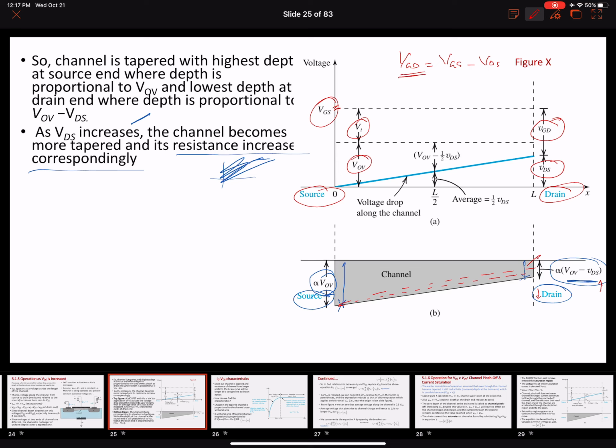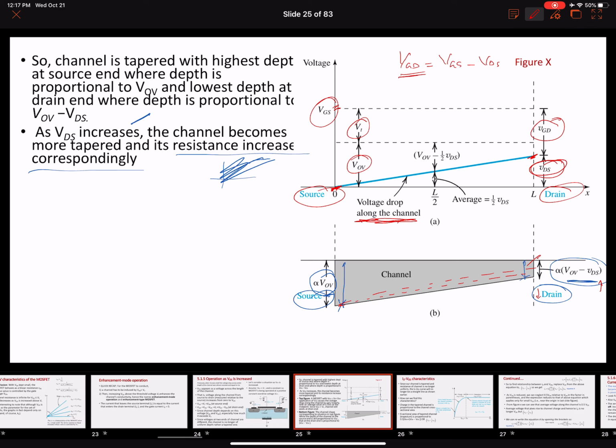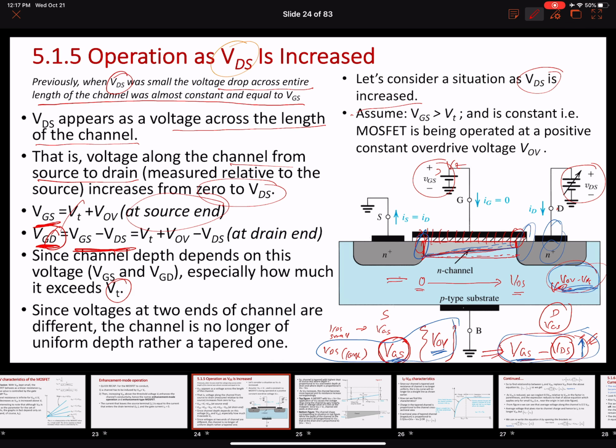Now, because of the VDS, the voltage drop along the length of the channel increases from 0 to the maximum value of VDS. This is what we said over here. Once we apply this VDS, the potential drop along the length of the channel will be 0 at the source terminal and the maximum VDS at the drain terminal.